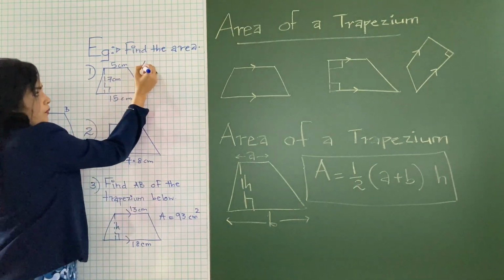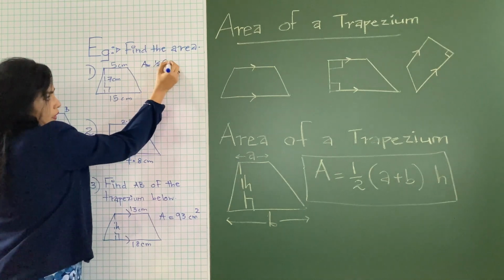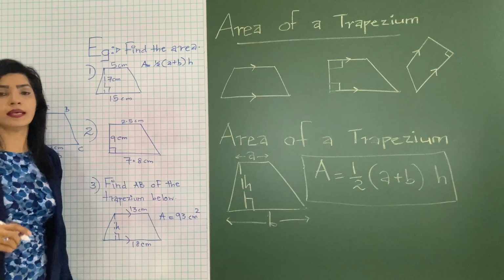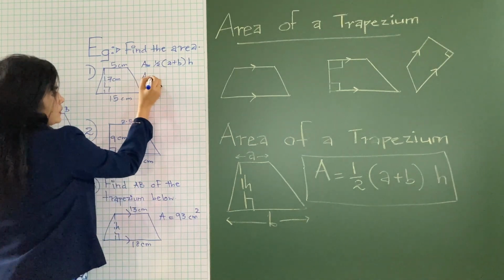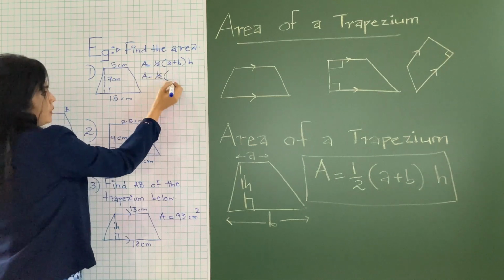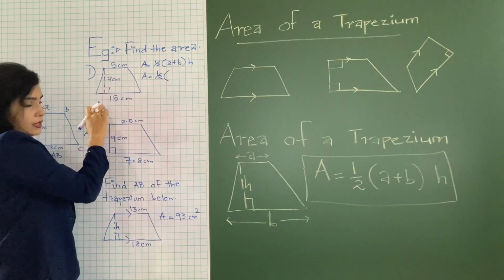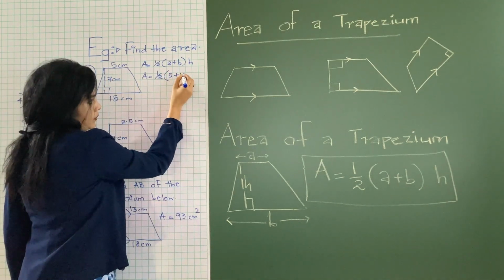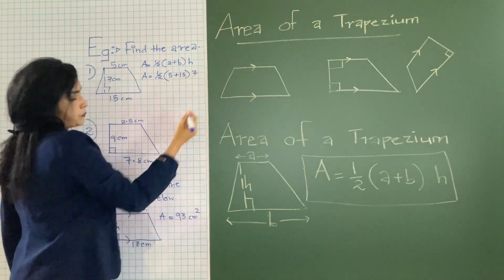So the area formula is half into a plus b into height. So area is equal to half into a plus b. What is a? 5 centimeters. What is b? 15 centimeters. So you can write 5 plus 15 centimeters into height is 7.